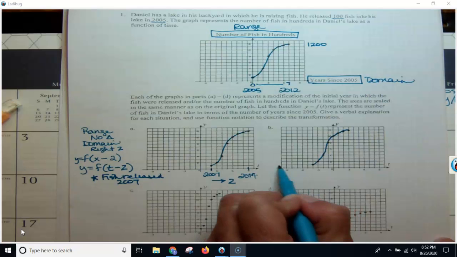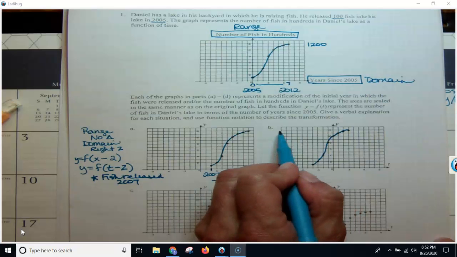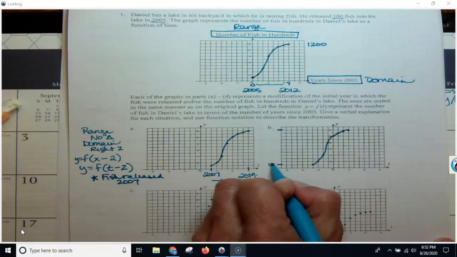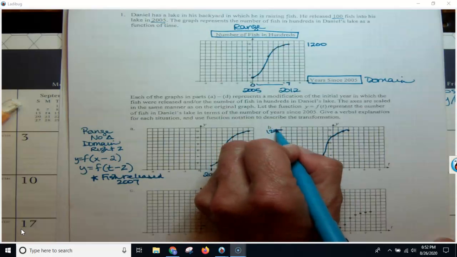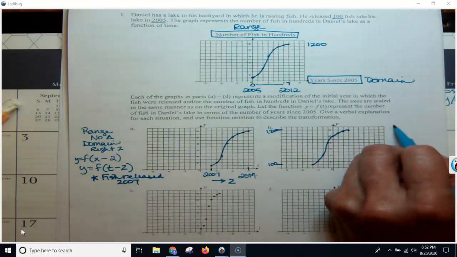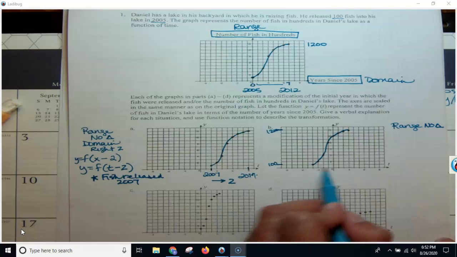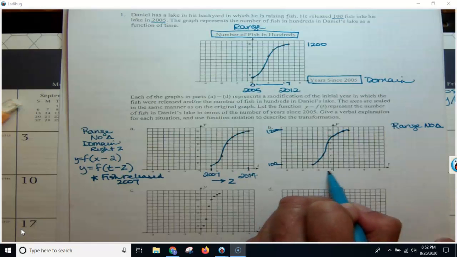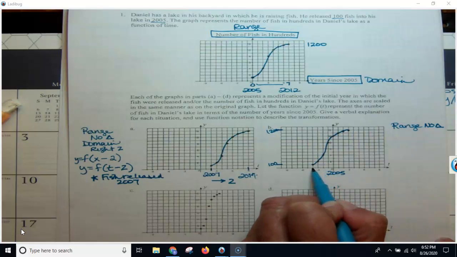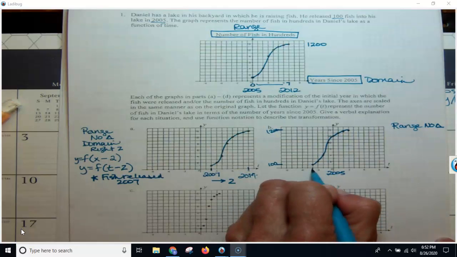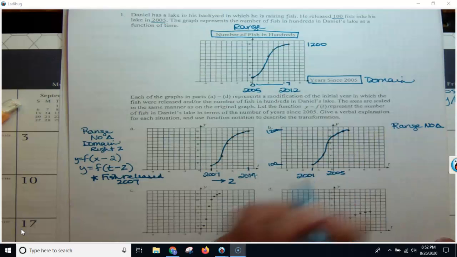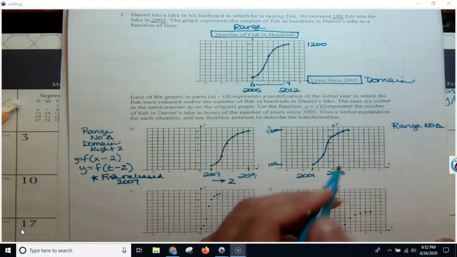It's gone up the same amount, from 100 to 1,200. So the range has not changed. No change in the range. My domain, though, has now shifted from 2005 to 1, 2, 3, 4 years earlier. So that would actually be 2001.